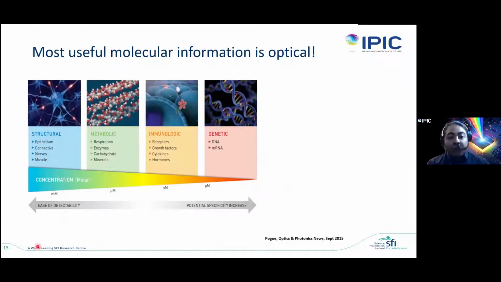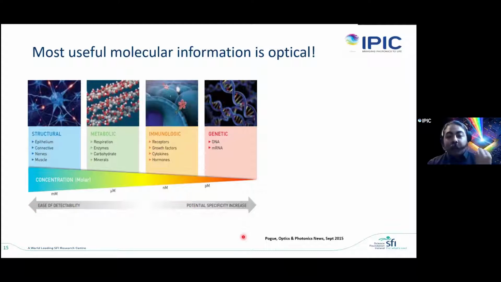So structural changes are very easy to detect, while changes going towards genetic changes would be more specific, because then we see parts of the molecules which are very specific to certain diseases, whereas in structural changes, we could have any cause for that change.